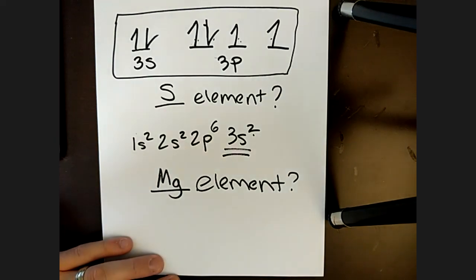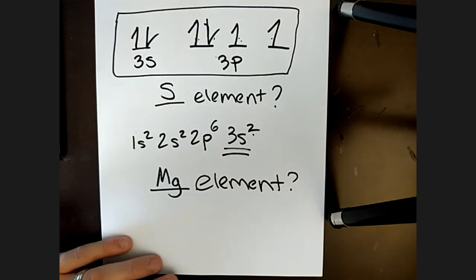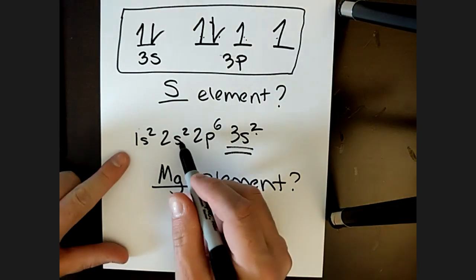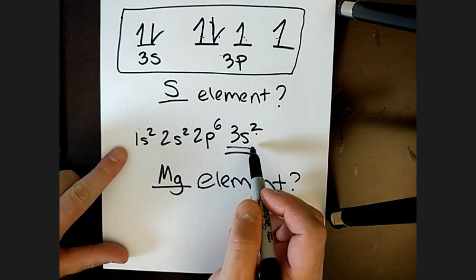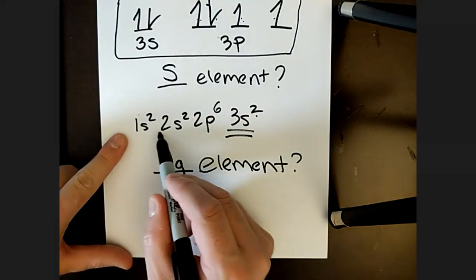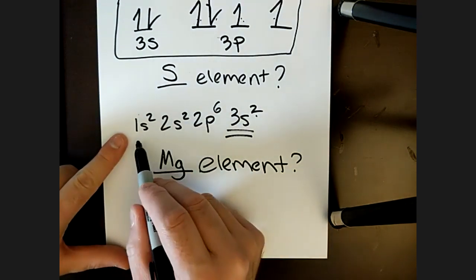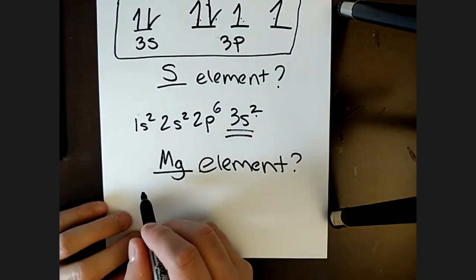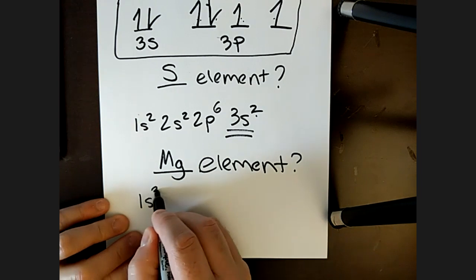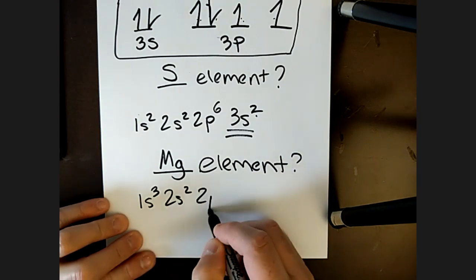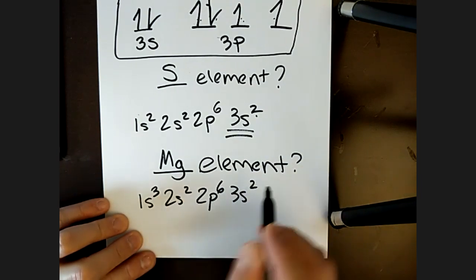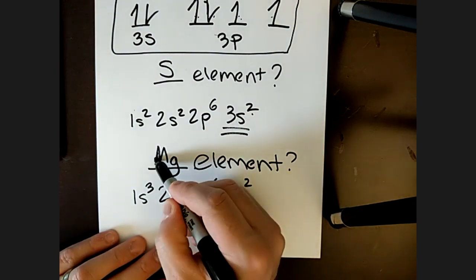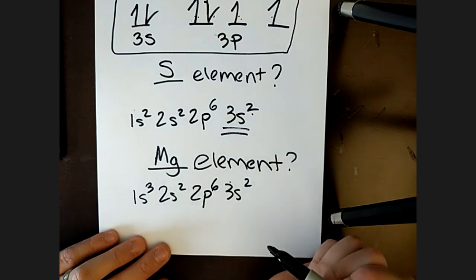The other thing to watch for is when given an element, if you're told this is magnesium and you're given choices for what these are, oftentimes you'll see choices that look very similar, but maybe the electron configuration is written improperly. In a multiple choice question, they say, okay, here's magnesium. Which one of these represents its electron configuration?